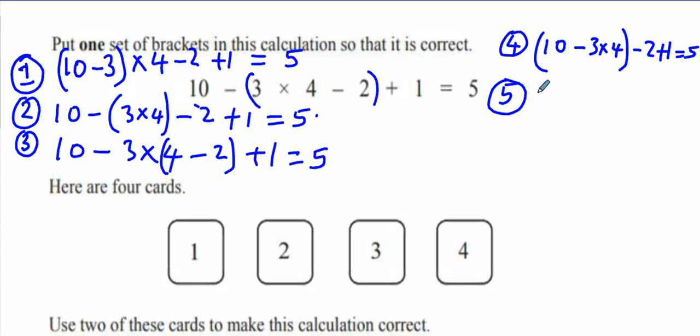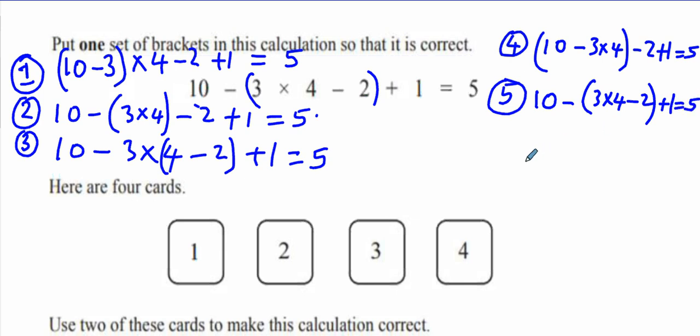So it will be 10 minus bracket 3 times 4 minus 2 plus 1.